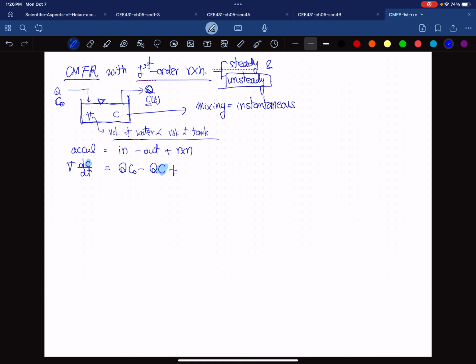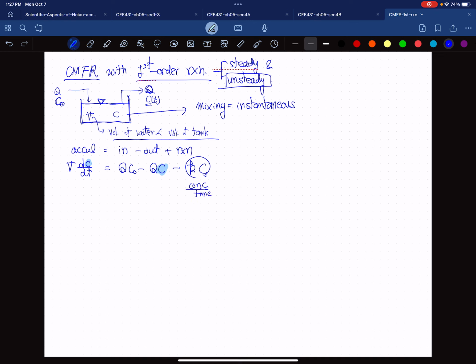Then you have reaction. For the reaction, we will use first order, which is negative kC. But this negative kC is concentration per unit time.